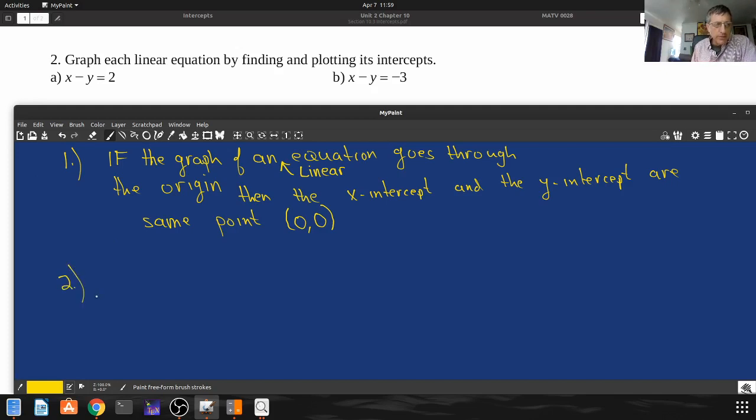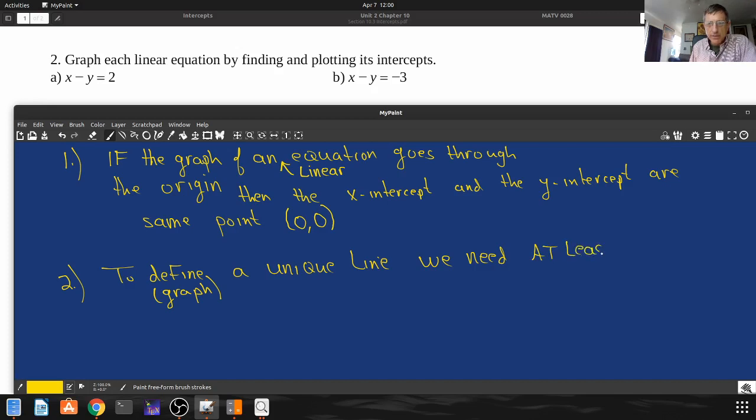Number 2, to define a unique line, and really it's not so much to define, but in this case they're going to be graphing, we need, bare minimum at least, 2 different points.